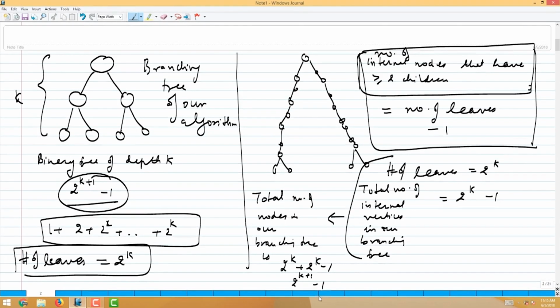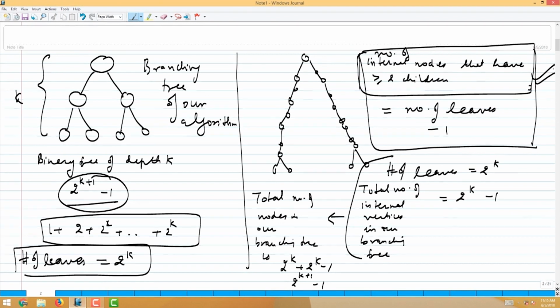Why I wrote this is because the branching algorithm that we saw was a very simple branching algorithm where we got a branching tree that was a full binary tree. As we'll see in other examples, mostly what we try to do is bound the number of leaves in the branching tree that we get, and then using this relation, we are able to bound the internal nodes and hence the total number of vertices in the tree.